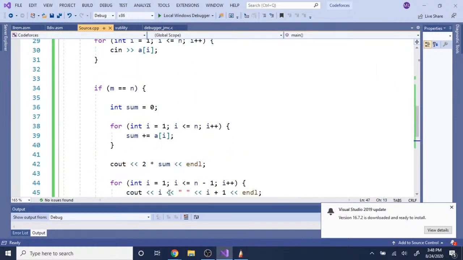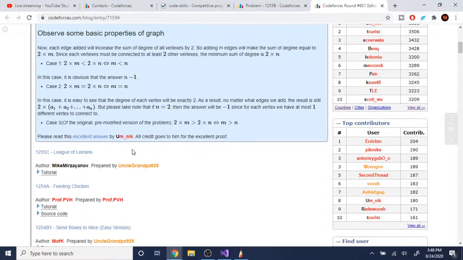Now let's think about the other case where they said, of the original pre-modified version of the problem, 2 times m is greater than 2 times n, which implies m is greater than n. So if m is greater than n, let's see.